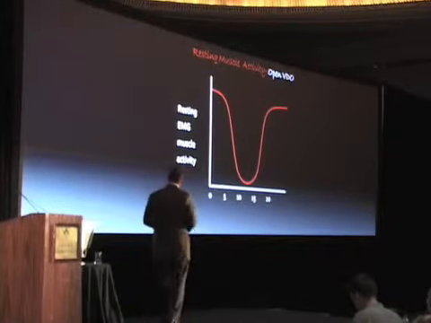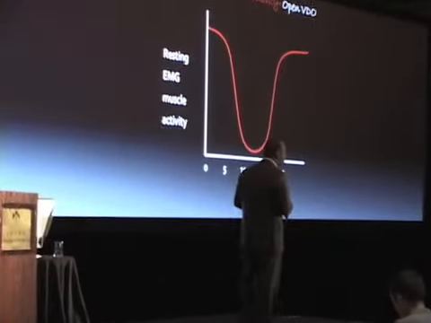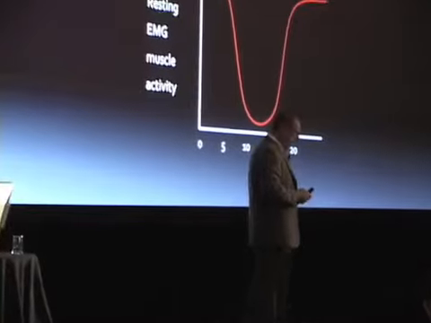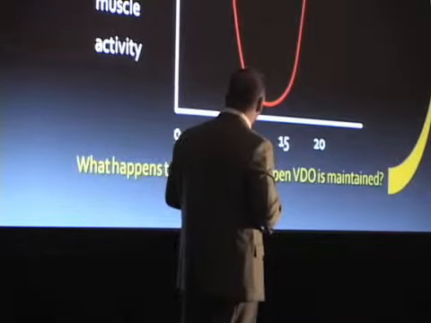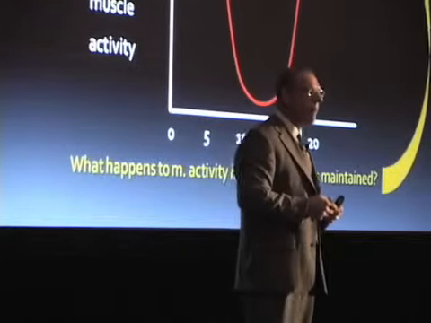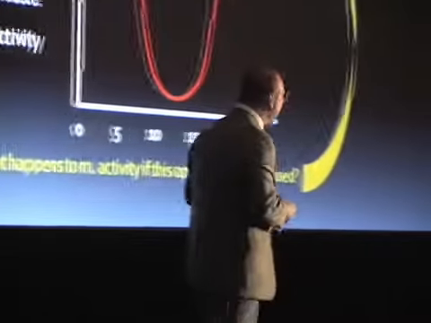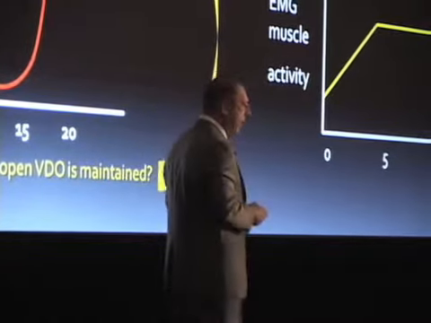If you look at resting muscle activity levels, when we open vertical, notice that the muscle activity level goes down. But here's the good news. 3 to 4 months later, it goes back to its original muscle activity level. Now compare that with functional muscle activity levels.